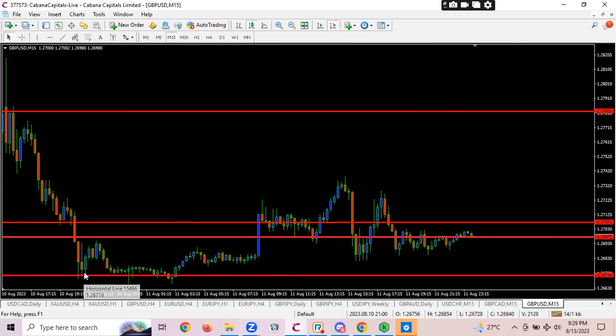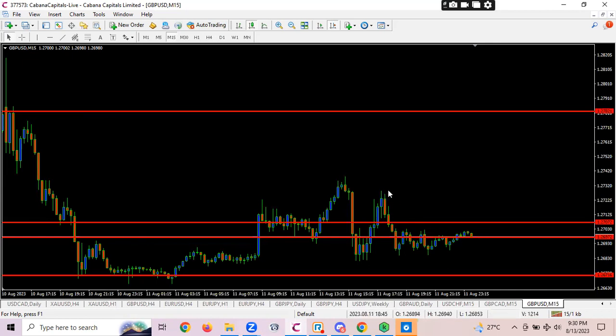This is the last lower low, we had a lower high here. From this point, the structure has been broken. You can see this engulfing candle broke out from this lower high. So the structure has been broken here. What we have here is a bullish structure at the moment.